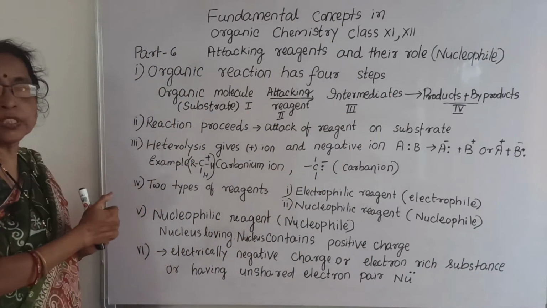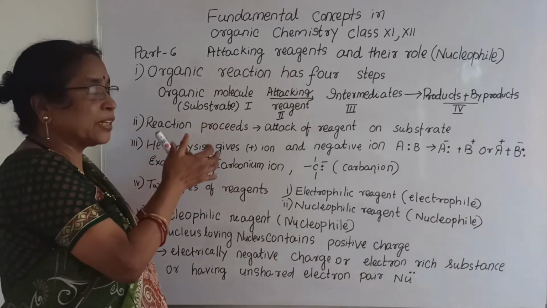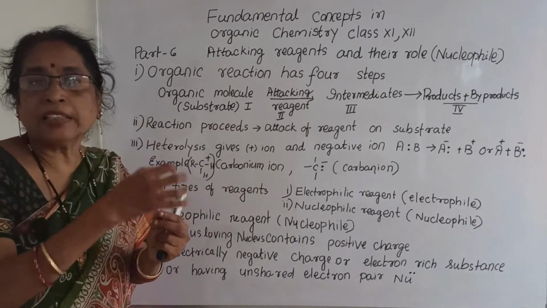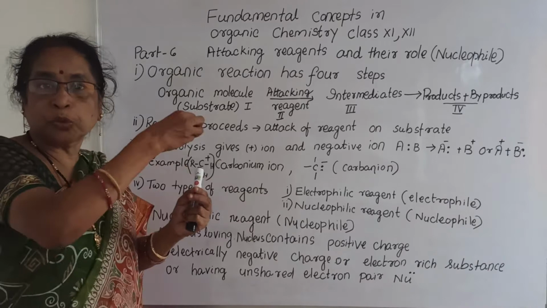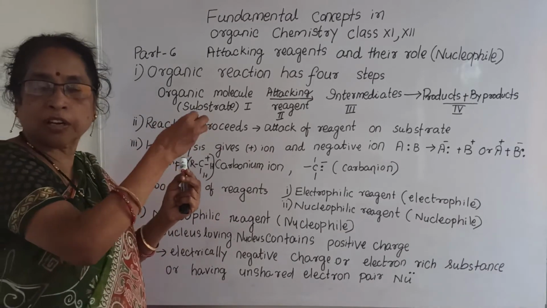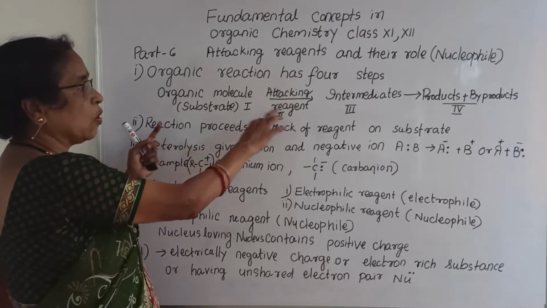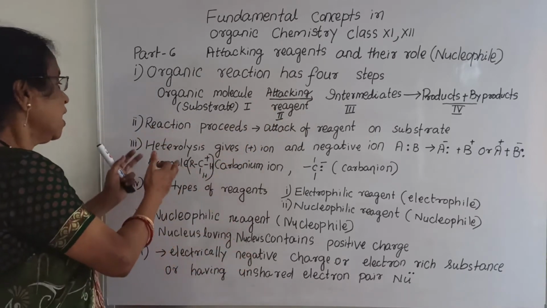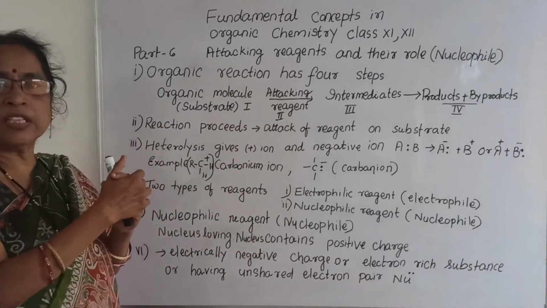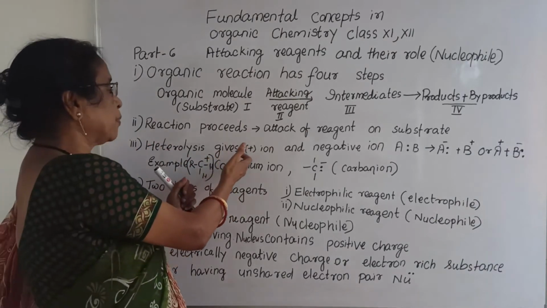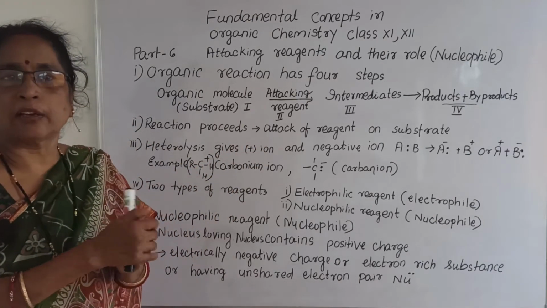Now the reaction proceeds when the reagent attacks the substrate. When the reagent comes towards the organic molecule and attacks it, only then does the reaction proceed. Here you know heterolysis, which I told already, gives a positive ion and a negative ion. Why?